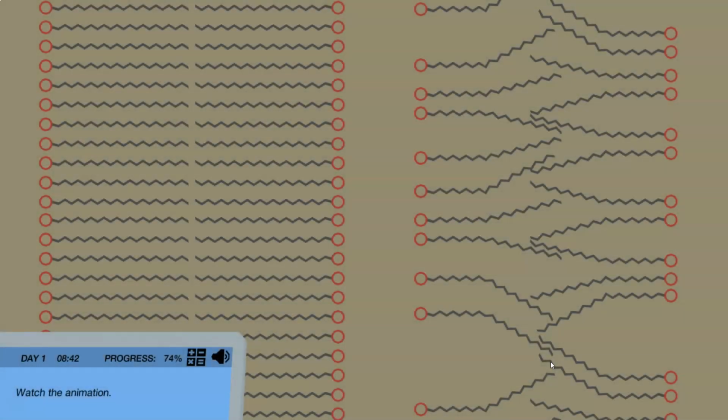At room temperature, the molecules of saturated fat are packed closely together, forming a solid. The molecules of unsaturated fats cannot pack together tightly enough because of the kinks in the fatty acid hydrocarbon chains.